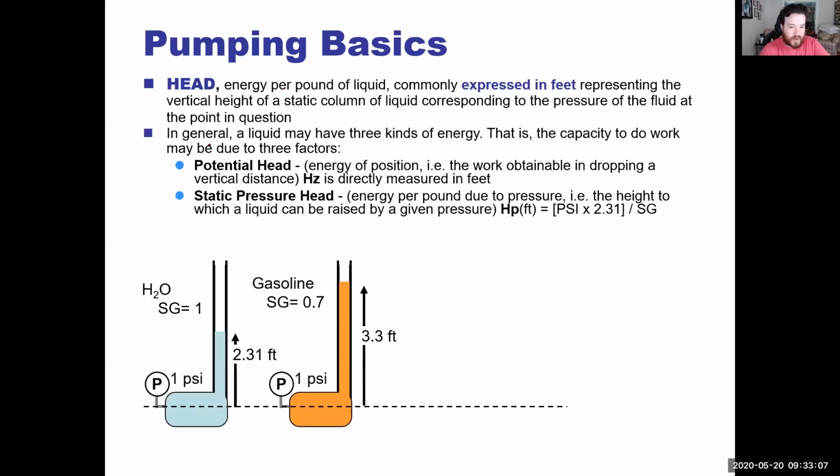All right. So right here we have two things. We have a tank. Both are using 1 psi of pressure on them. And then you can see the difference between gasoline and water. Water is only going to go up 2.31 feet, and gasoline goes up 3.3 feet.